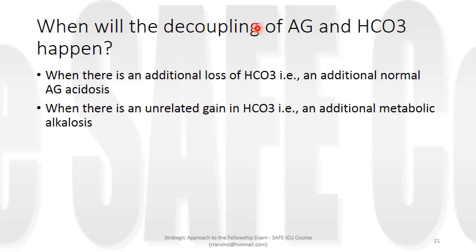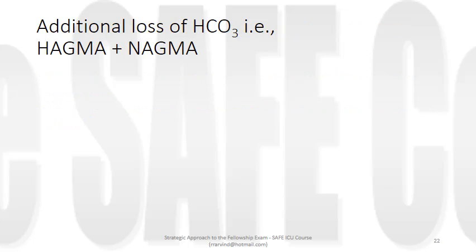Okay, so these are the two main situations where the high anion gap does not get matched or gets decoupled from the fall of bicarb. So let's take each of these.